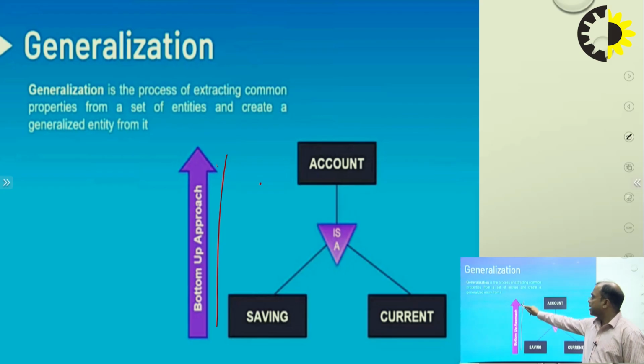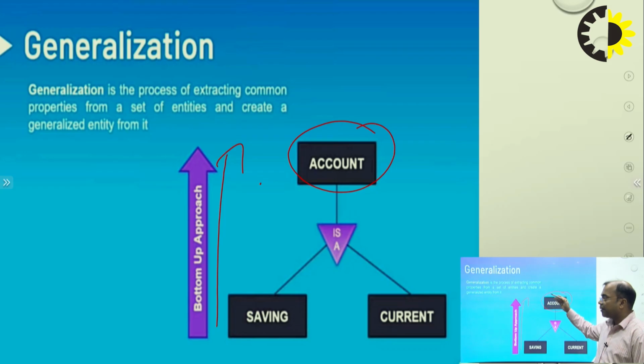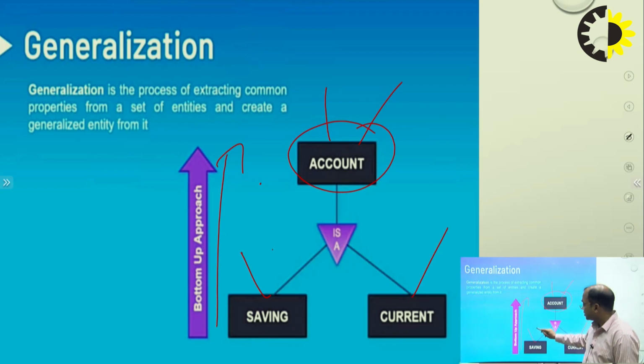So in a banking system, we have an account. That account has attributes like account number, the account number from saving and from current account. It also has a customer ID.